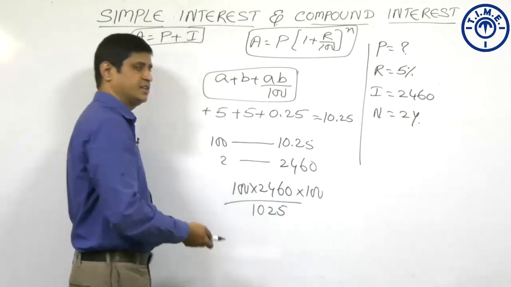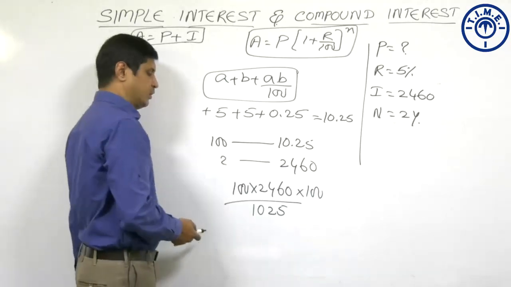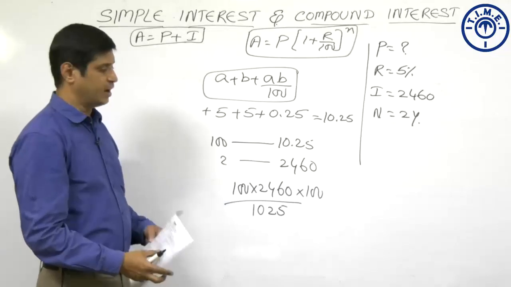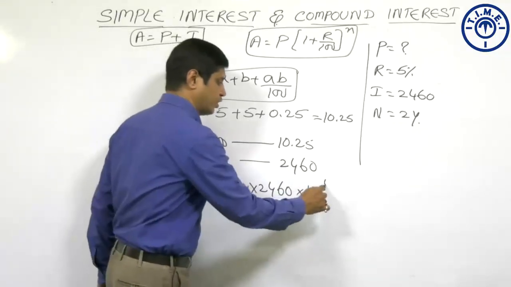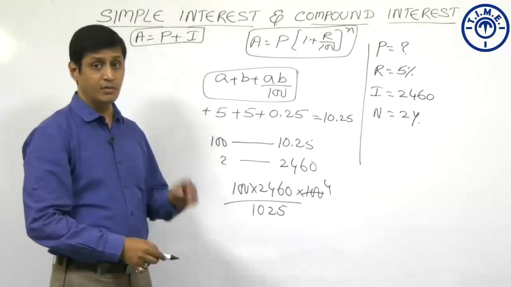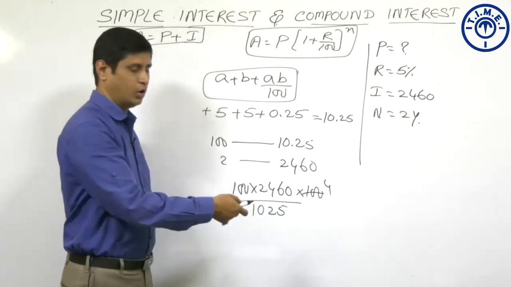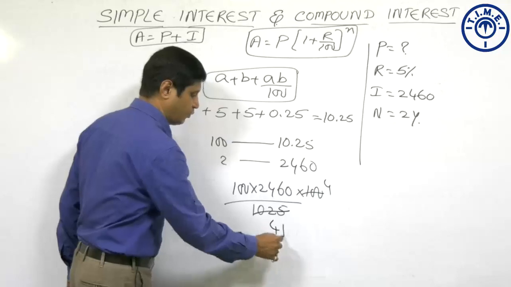The decimal is after 2 places, hence I am adding 2 zeros on the numerator side. Now, what is the cancellation? In 100 there are 4 25s. Now, in 125 it goes 4 times, so in 1000 it is 40 times. Whereas this value is 1 time more, so 25 is 1 more time. So, 40 plus 1, 41 times.